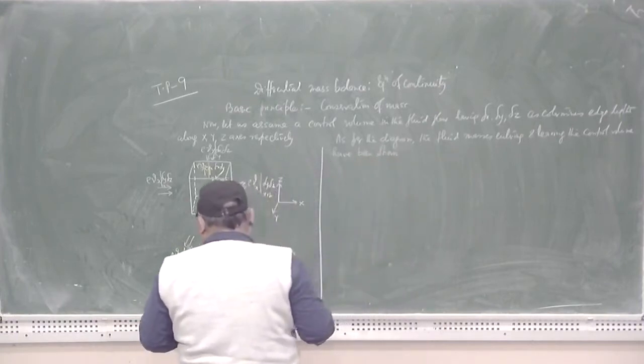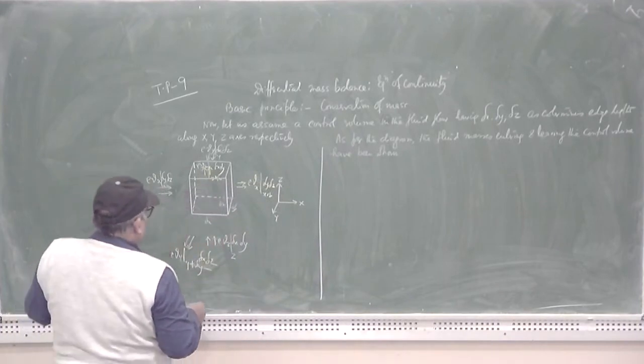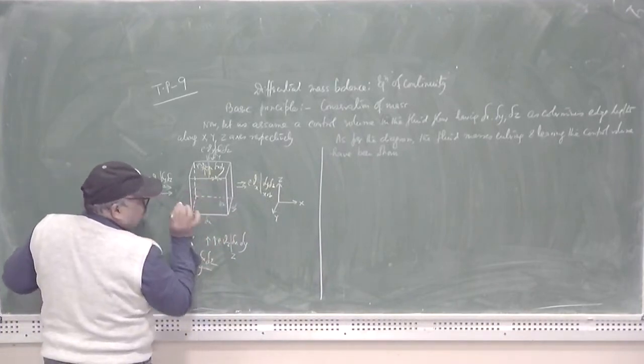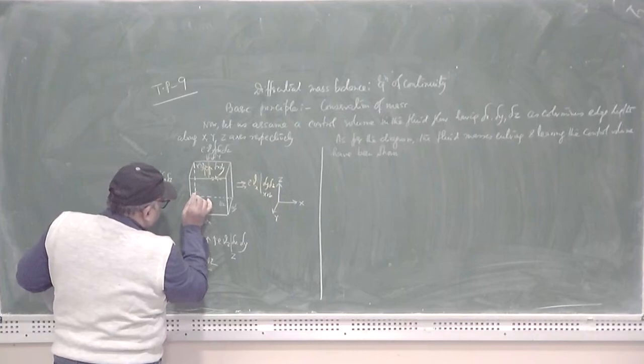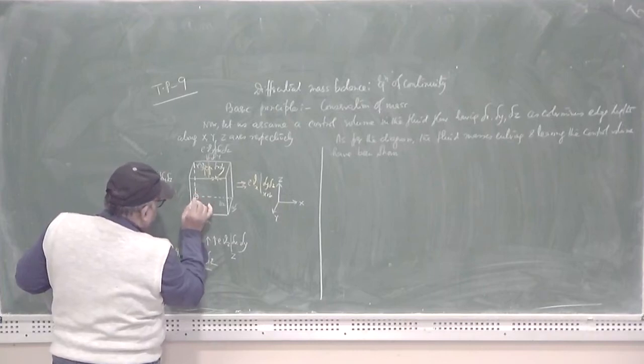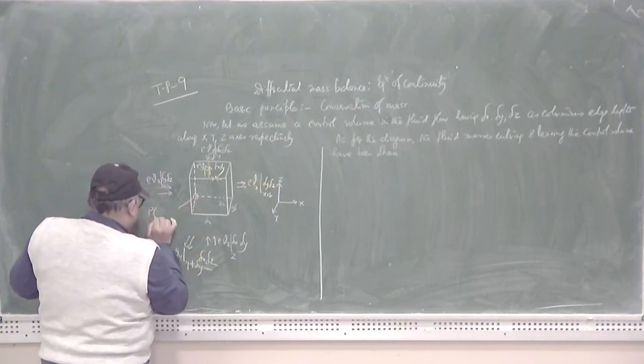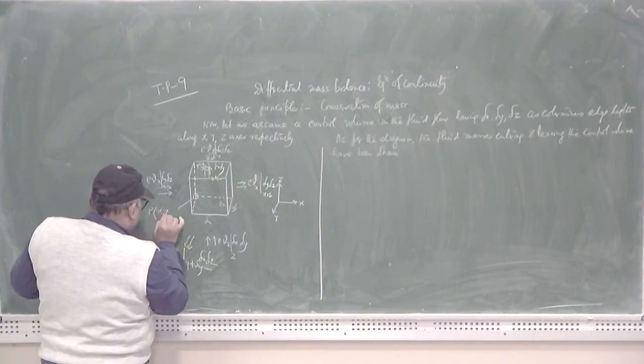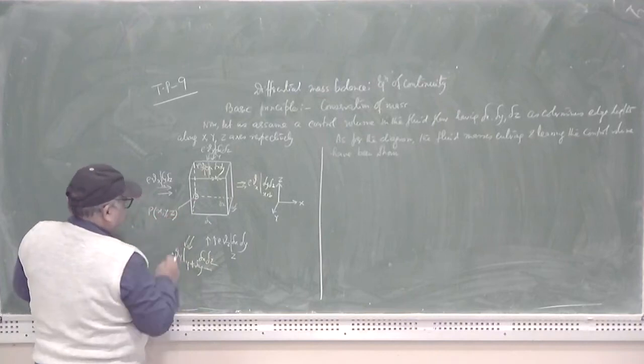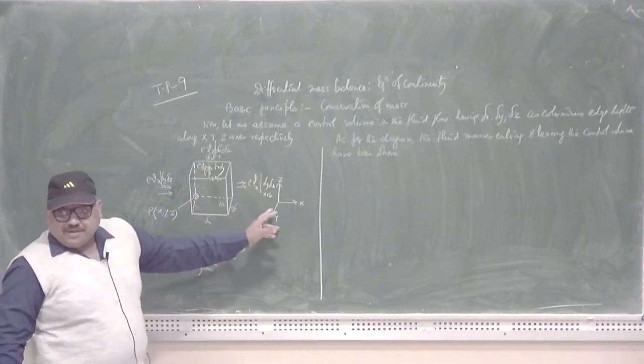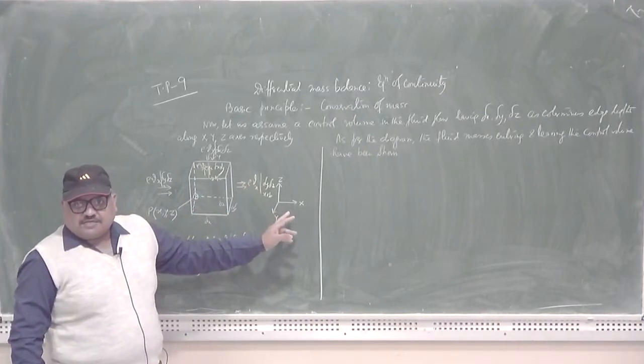Now here I would like to emphasize one thing. Let us consider two different points. Let us suppose this is your point P, having the coordinates x, y and z, with reference to this particular Cartesian coordinate system.